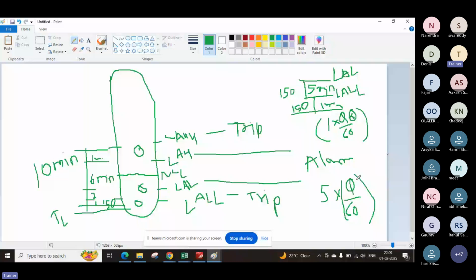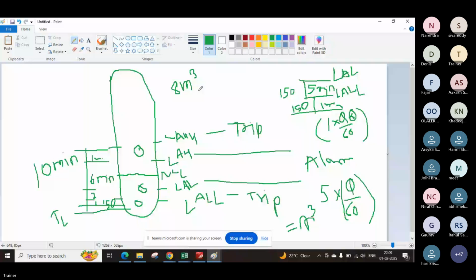So this much amount of volume you have to store between these two. By 150 mm, this is the minimum requirement. But if you look at the 5-minute time requirement, this much amount of volume you have to store between the two levels. So you come to know that you have to store around 8 meter cube.